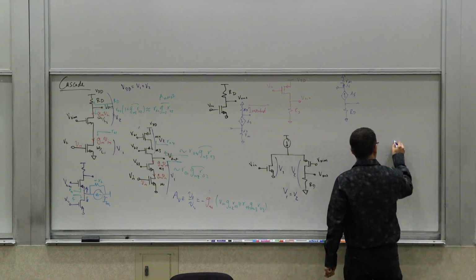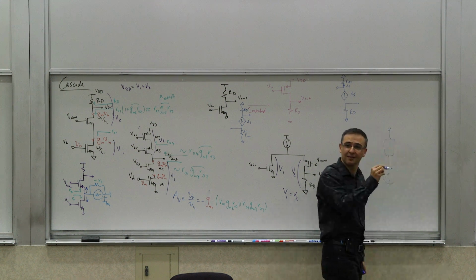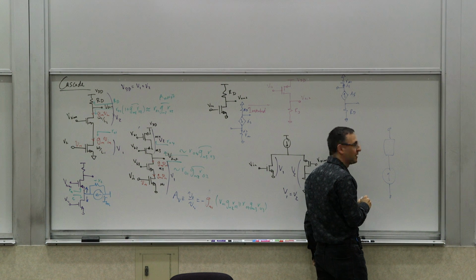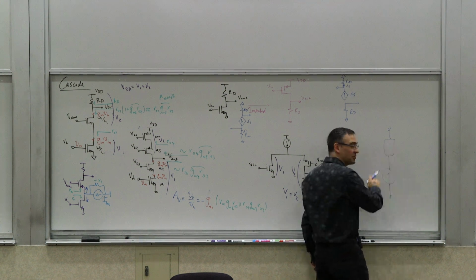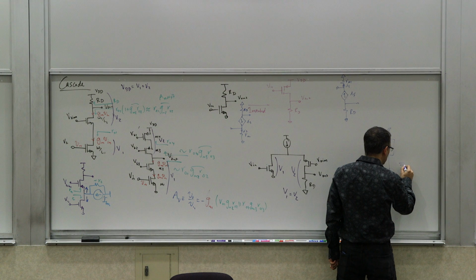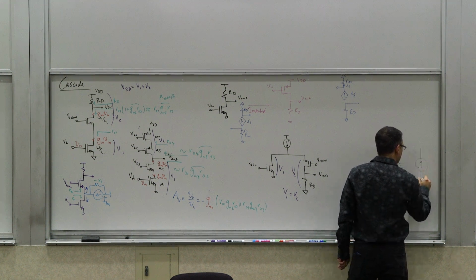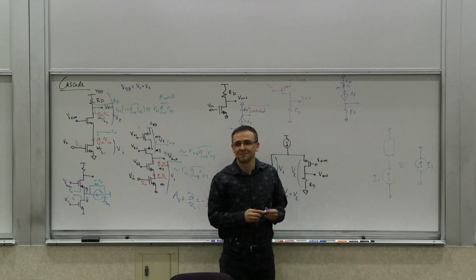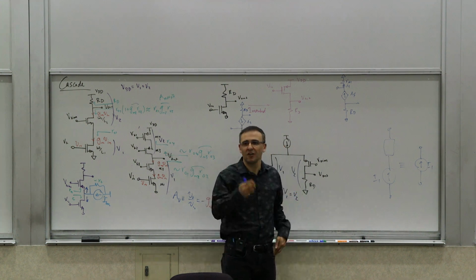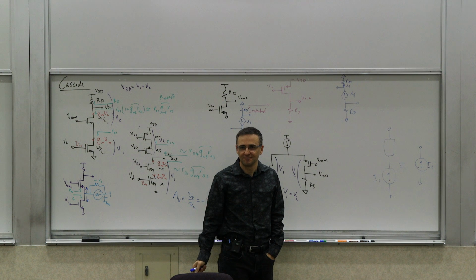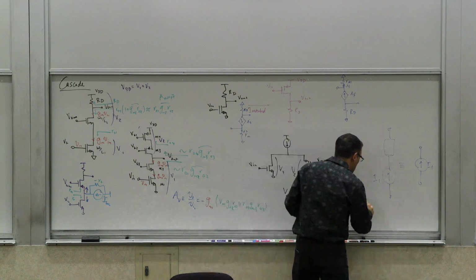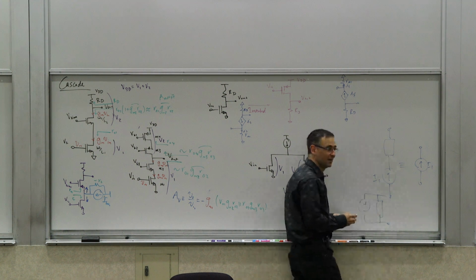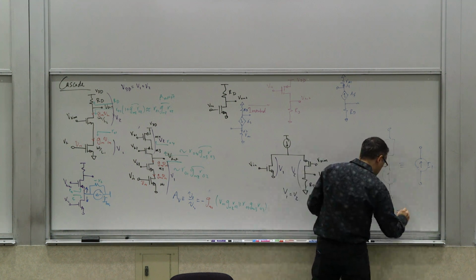An ideal current source in series with another element, as long as this is not another ideal current source, is exactly equivalent to the current source itself. Because the ideal current source forces the current of the branch. The same way that an ideal voltage source in parallel with anything that's not an ideal voltage source is the same as that ideal voltage source.